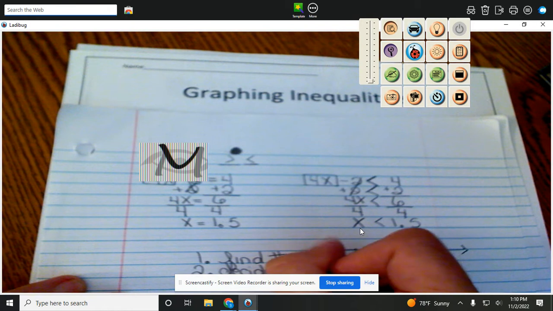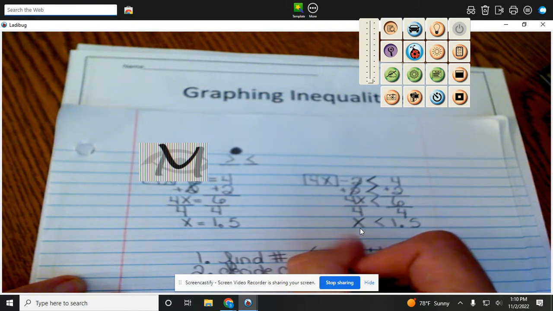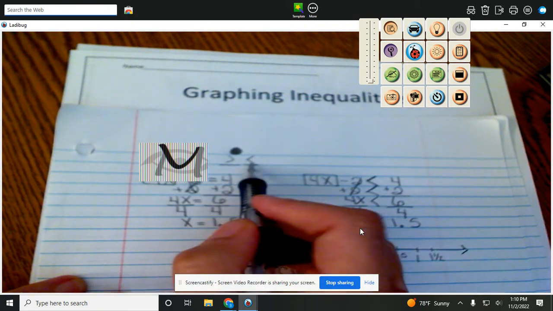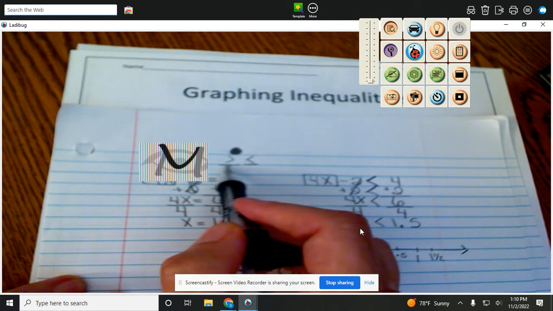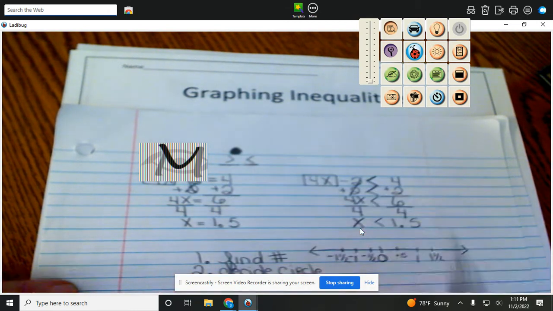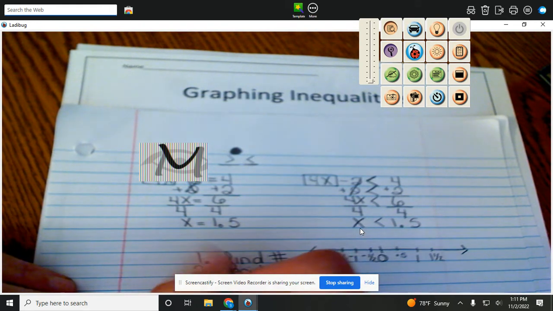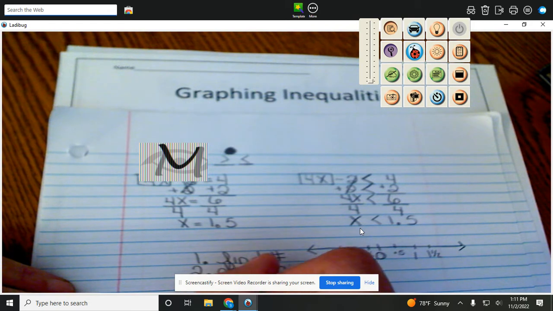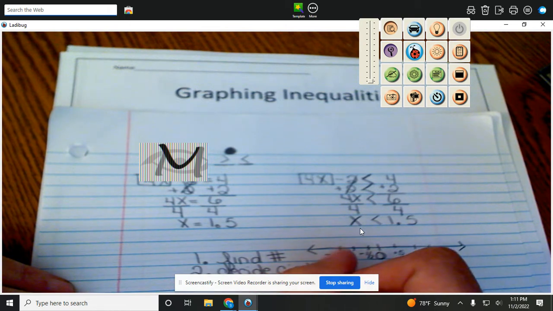Is it going to be a closed circle? And we determine that based off of what the sign looks like. Remember, if it has that line underneath it, it's my extra one, my special one, which means that it's equal to or greater than. And number 3, we're going to ask ourselves at least 2 questions. You're going to see what I'm talking about in just a moment.